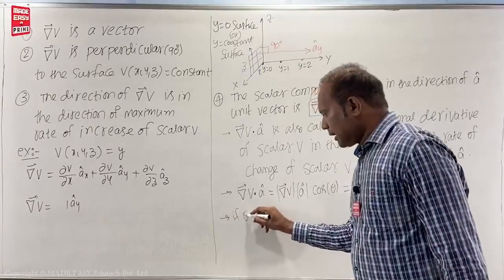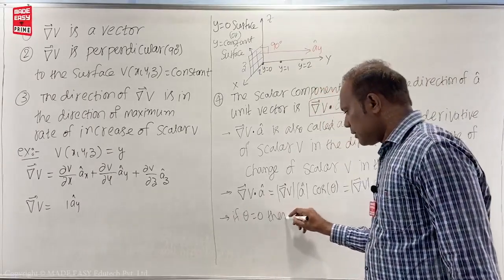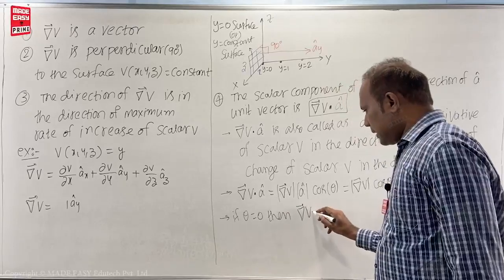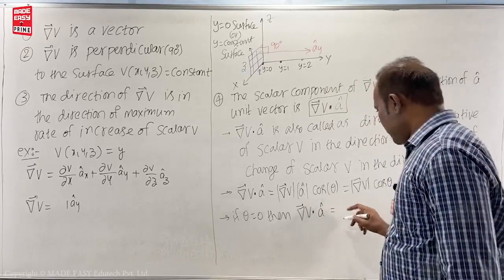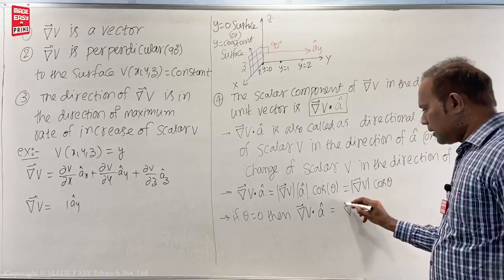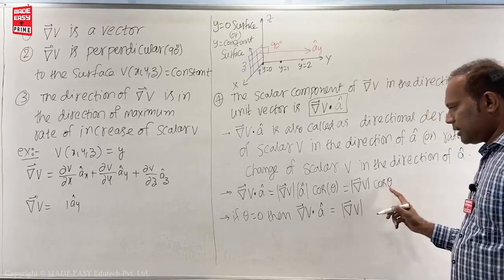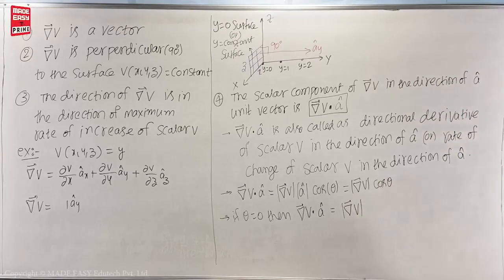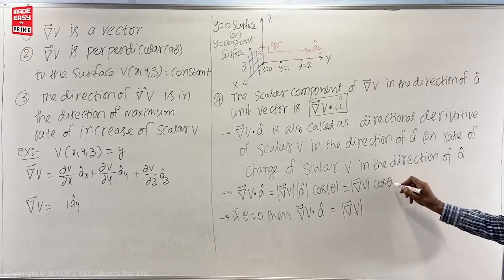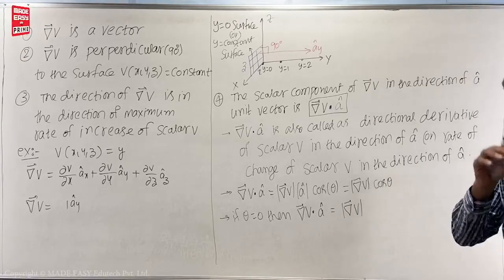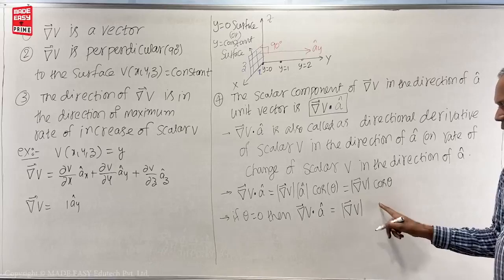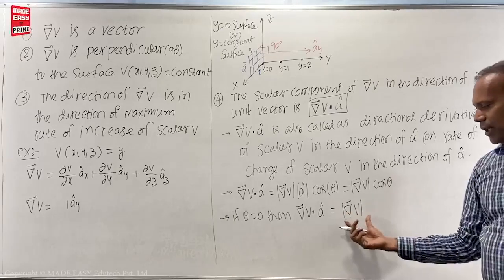If theta is 0, then grad v dot a cap gives simply modulus of grad v, since cos 0 is 1. When theta is 0, cos theta is 1, that is the highest value. You multiply this with 1, then that is the highest value.